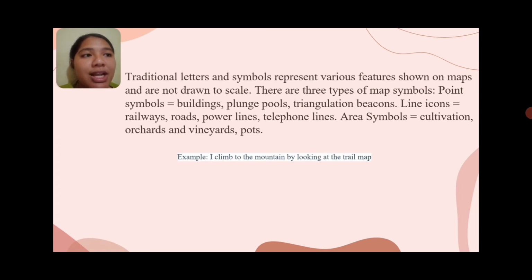Number two is the line symbol, for railway wires, roads, power lines and telephone lines. And number three is the area symbol, for cultivation, orchards, vineyards, or ponds. For example, I climbed the mountain by looking at the trail maps. Next.